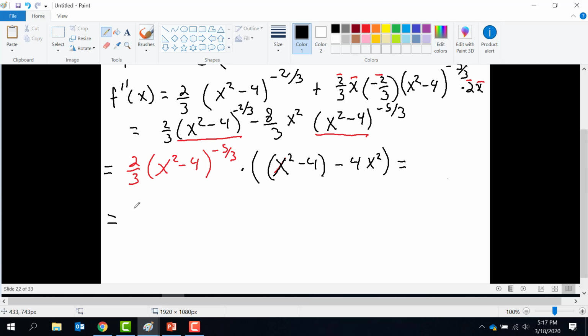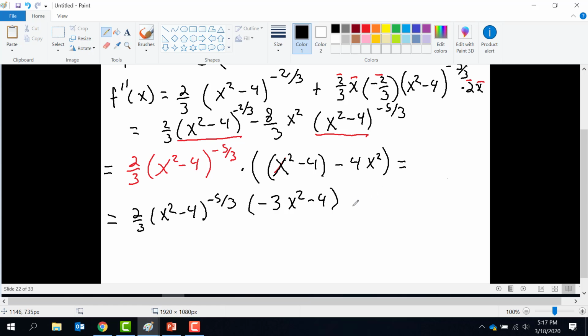So let's clean this up a little bit. 2/3 x squared minus 4 to the negative 5/3, and then the x squared minus the 4x squared is minus 3x squared minus 4.